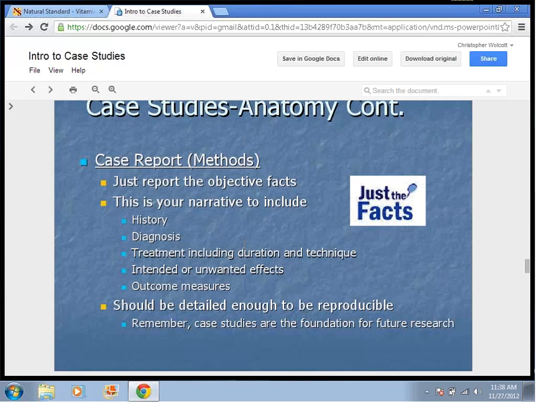So, case report, the methods. This is the easiest section. This is just outlining what it is that you did. And so it's objective. You just say that a 40-year-old white female came in with psoriasis.